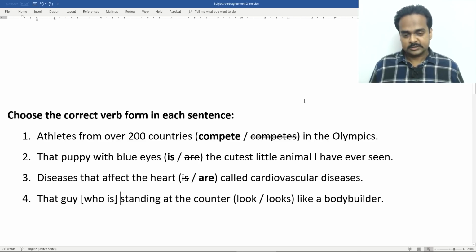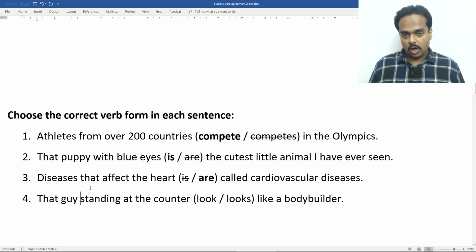In a lot of places, the relative pronoun and the verb that comes right after that will be dropped like this. And when the clause starts with an ing verb like you have here, like standing, it's called a participle clause. It's basically just a reduced relative clause, but it's still a relative clause. So then that means that the subject here is that guy. That guy is a singular noun. That guy standing at the counter looks like a bodybuilder.